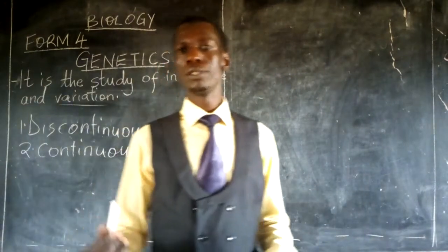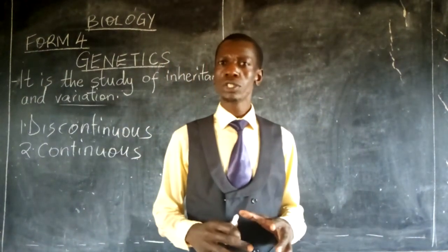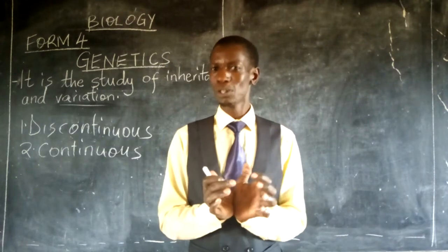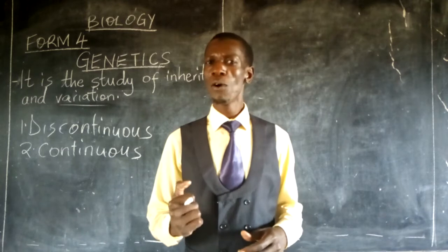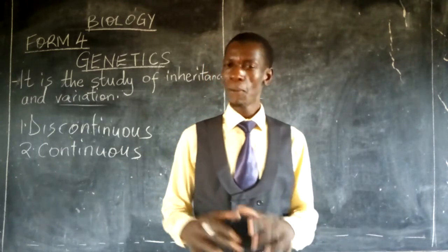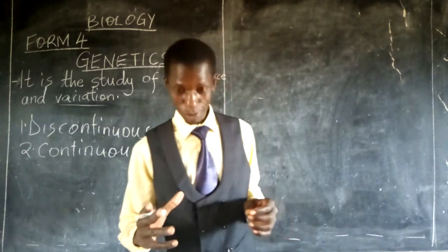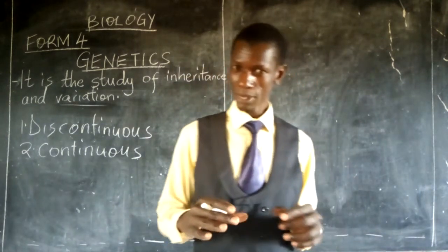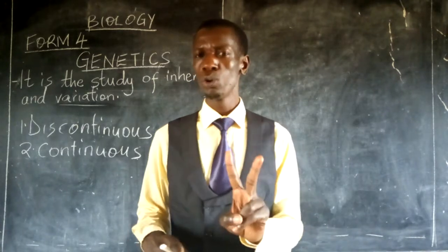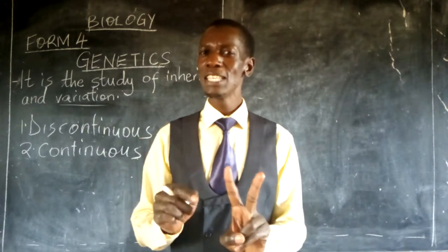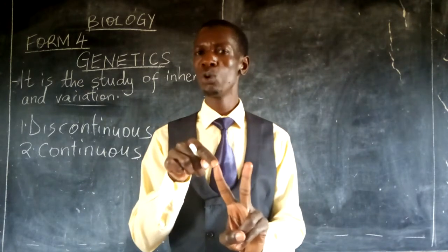Discontinuous variation is the type of variation whereby individuals within a certain group have some differences with no intermediate forms. When I say differences with no intermediate forms, I'm referring to the fact that a difference is only divided into two, in the sense that an organism must fall within one of the two differences.